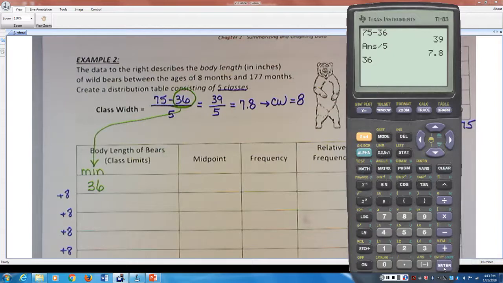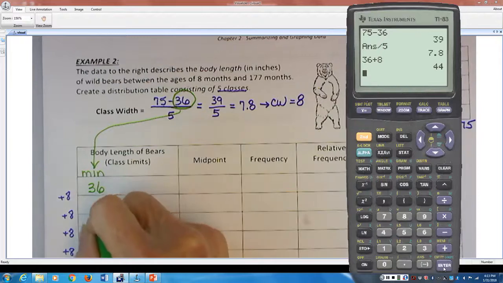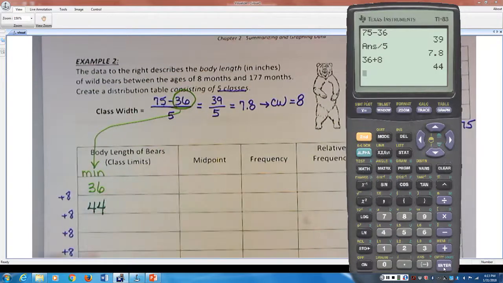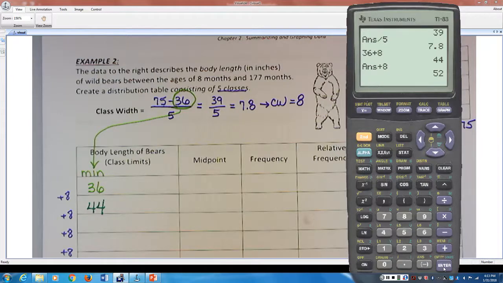36 plus 8 is 44. 45 plus 8 is 53. But where did you get 45? 44. Oh, it's 44 because of the... No, you keep adding 8. So it's 44 plus 8 plus 8 plus 8.